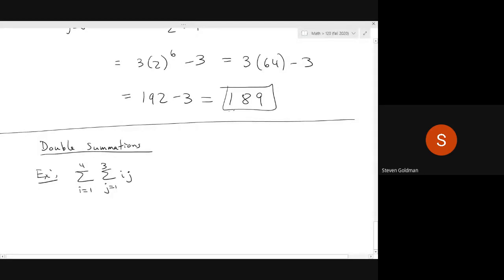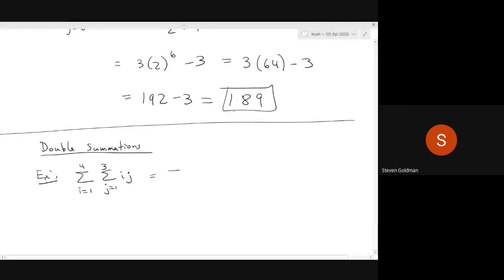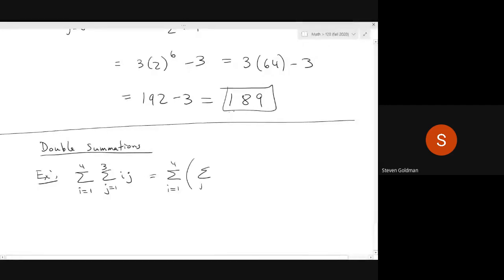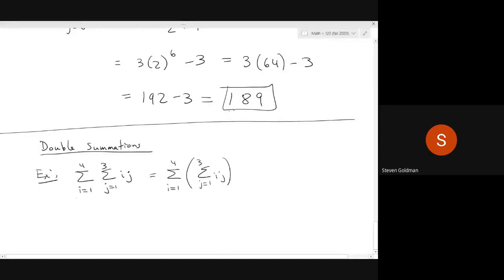So this would be a double sum. You could think of it as a sum of a sum. Again, I'm using two different indices for the index of summation, an I and a j.